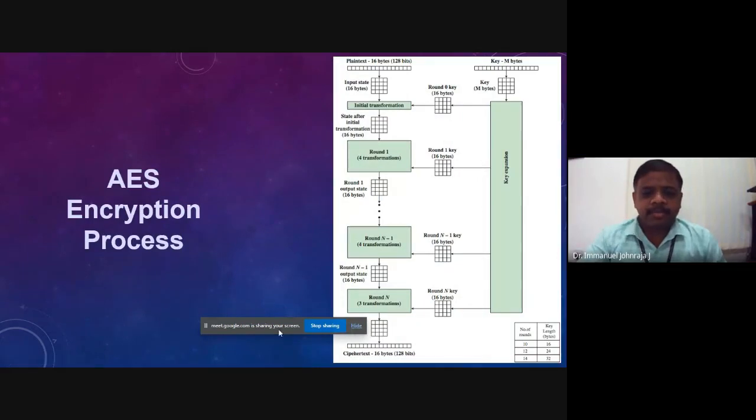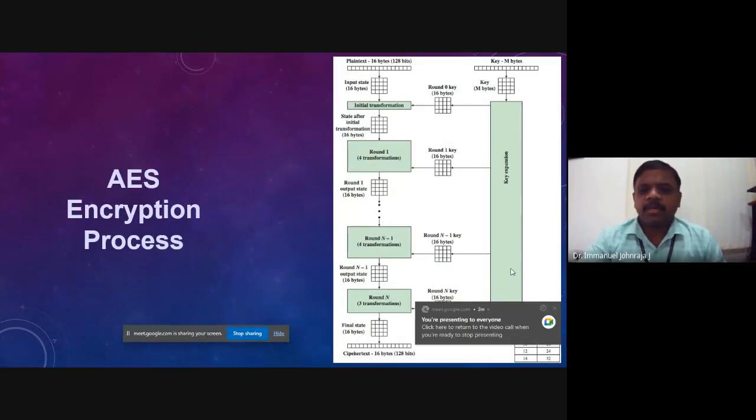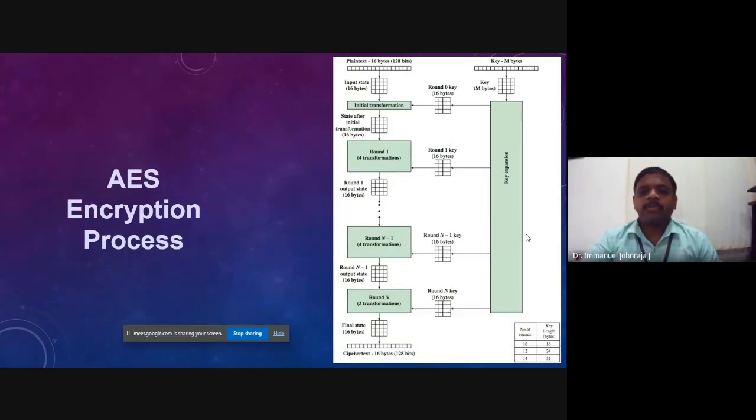So the AES encryption process follows this logic. Okay, on the right hand side on the screen, I have presented the overview of the overall picture of what happens in your AES encryption process, right? So initial plain text, which is 128 bits, is taken, and the key is also taken in parallel. So the key expansion is a process. All right.